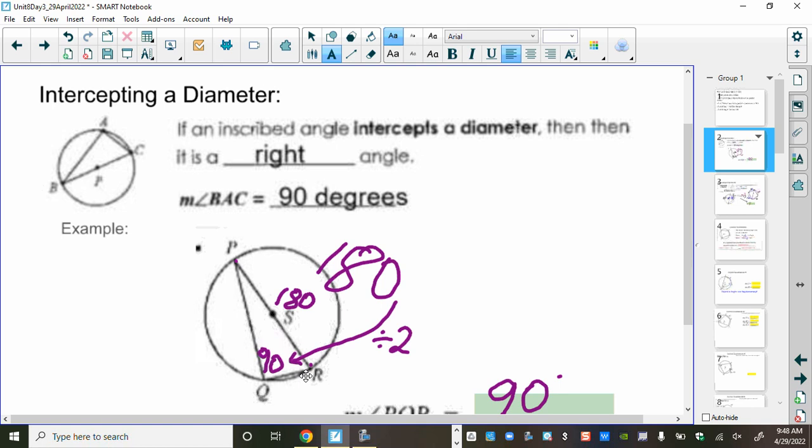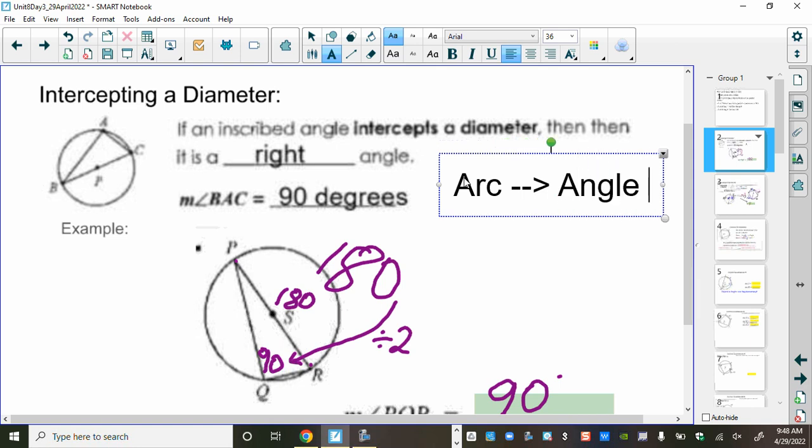And again, it just goes back to the regular rules about going from arc to angle.